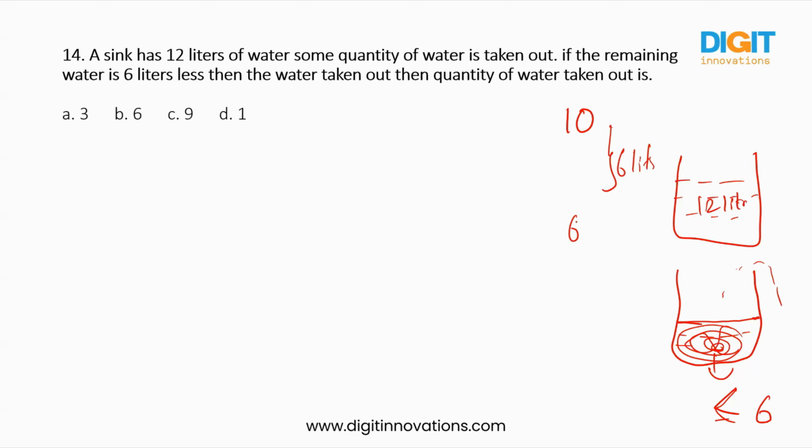For example, here I'm just taking an assumption. Here 10 liters means here it would be 4 liters. So this will be 6 liters less than the taken out water. The remaining one is 4, and this is the taken out water. So how much quantity of water is taken out? They've asked. So total it is 12 liters.